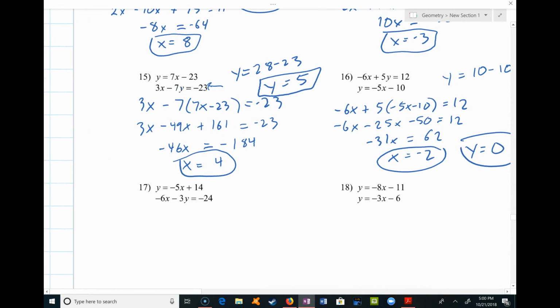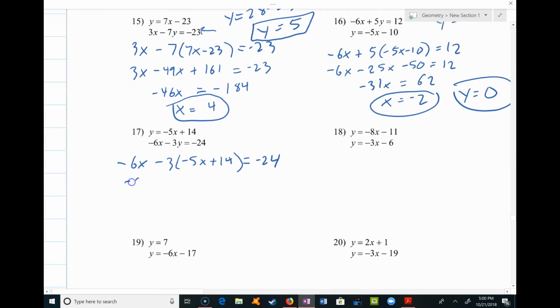Okay. One more of these where I've got negative 6x minus 3 times (negative 5x plus 14) is equal to negative 24. Negative 6x plus 15x minus 42 is equal to negative 24. Just distribute the negative 3 through.